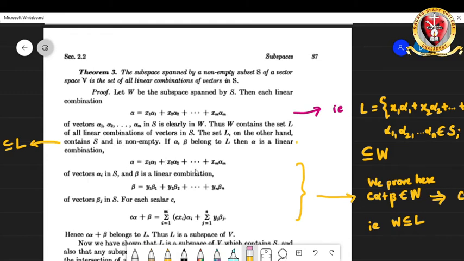Alpha is equal to x1 alpha 1 plus x2 alpha 2 plus etc. xm alpha m. Beta is equal to y1 beta 1 plus y2 beta 2 plus etc. plus yn beta n, where x1, x2, etc., xm and y1, y2, etc., yn come from the field, and the rest of them are vectors inside S.